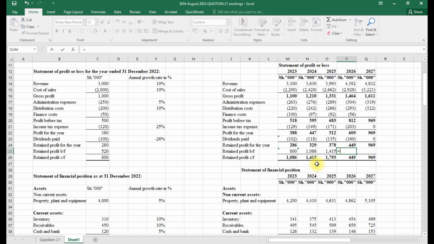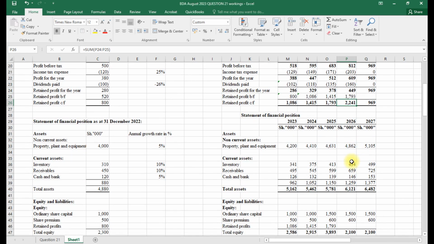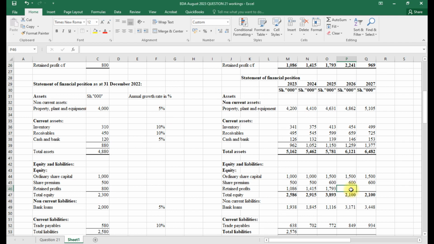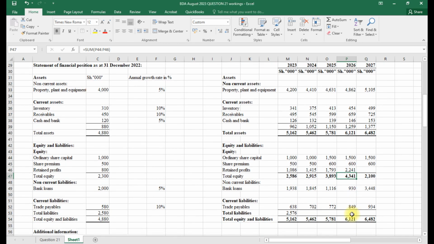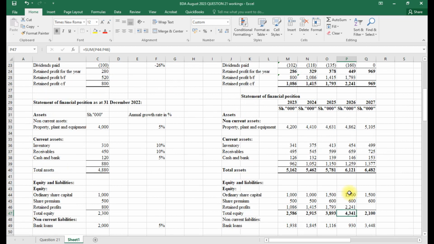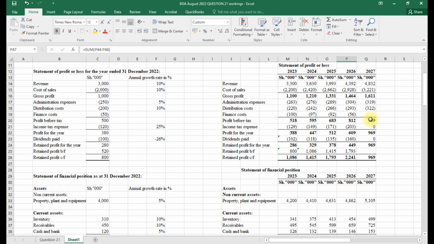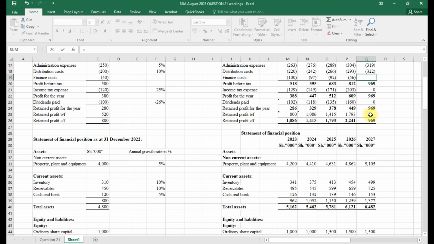And here I'll fix the retained profit brought forward from the previous year to get this as our carried forward, 2241. Just come and fix it here, 2241, and it will automatically calculate my bank loan to be 930. So with 930, we'll come here and calculate, starting with a negative.